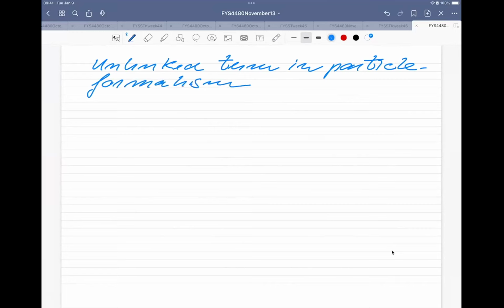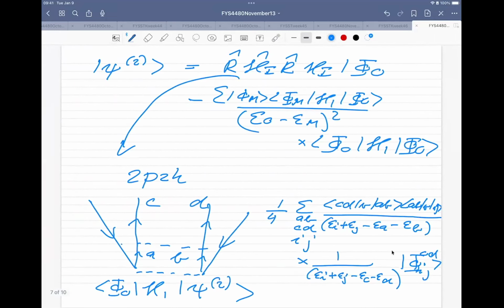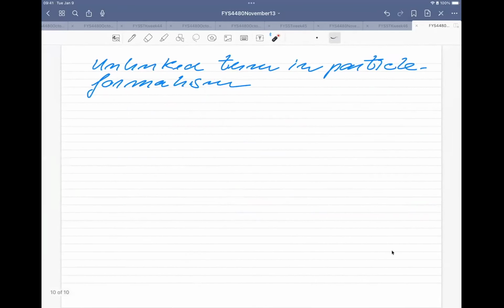So I'm just going to write them down in a way which is hopefully easier to understand. So what we have is a term here, which is this one, and that creates an intermediate state, but it has an energy denominator squared. But let's now look at what this could look like when we are now setting up the diagram.